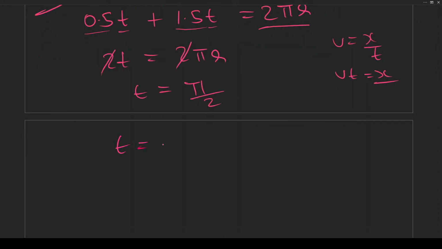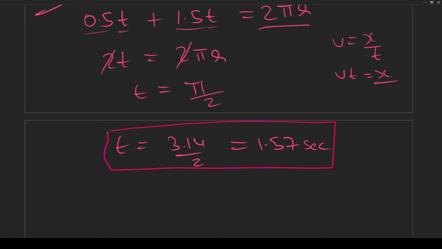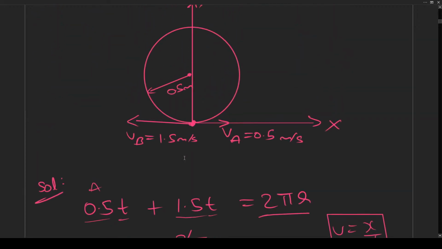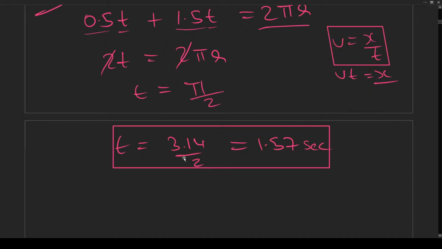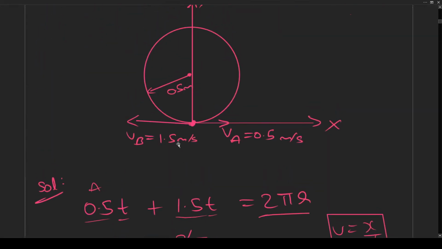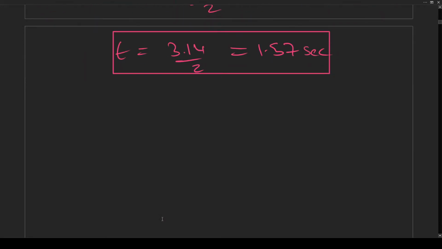So pi value, you know it as 3.14 by 2, which is equal to 1.57 seconds. Basically, we need to know this formula to solve this question: 0.5t plus 1.5t will give 2 pi r, that is the total distance. Now let's go to the next question.